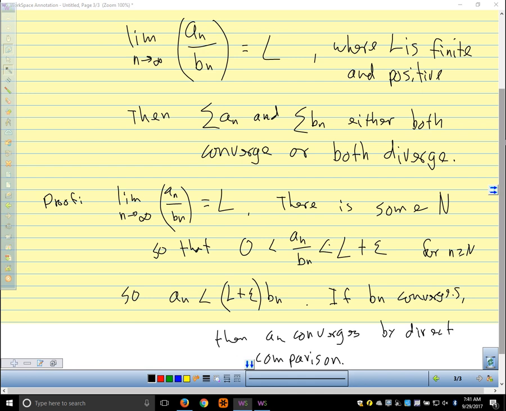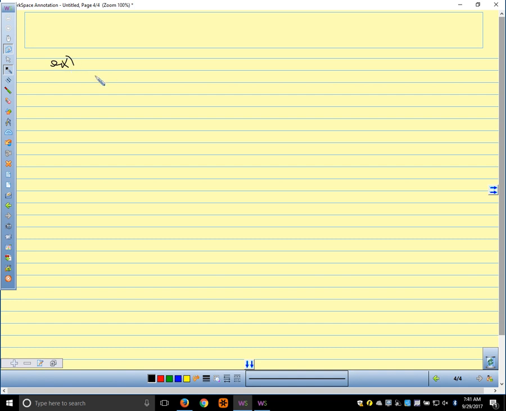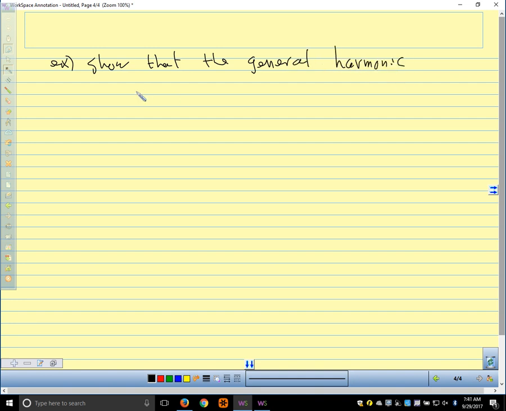So the first thing that I want to do here is show that the general harmonic series, the sum n equals 1 to infinity of 1 over an plus b, diverges.